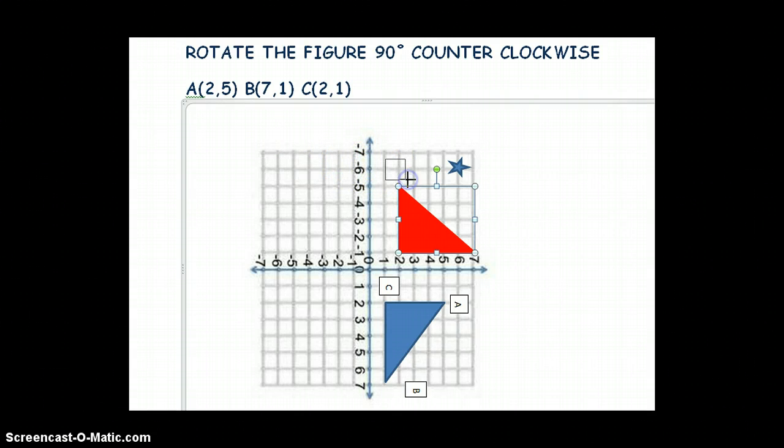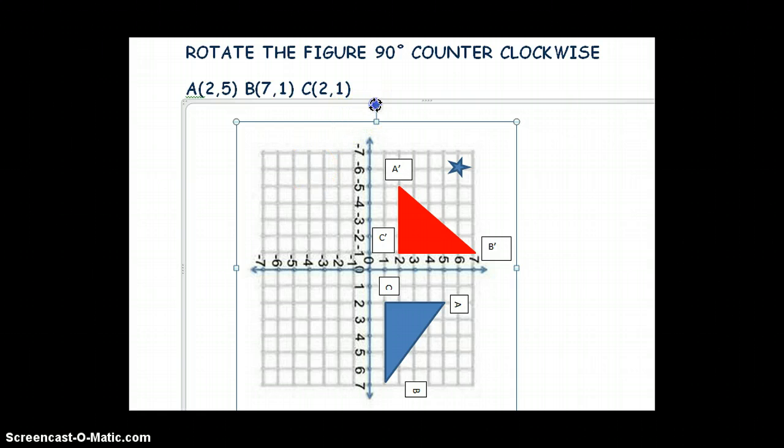So the point up here is going to be A prime. 7, 1 is B prime. And then 2, 1 is C prime.